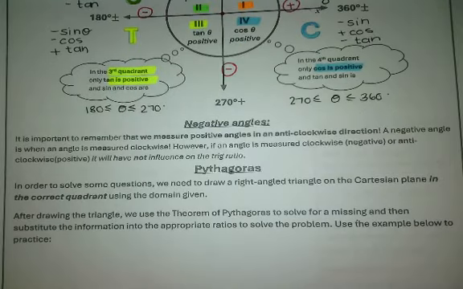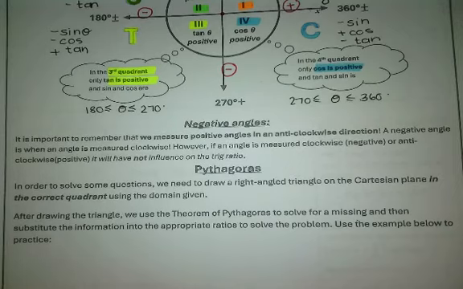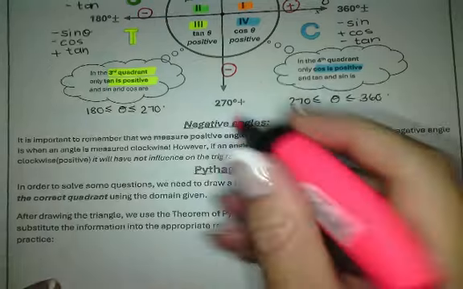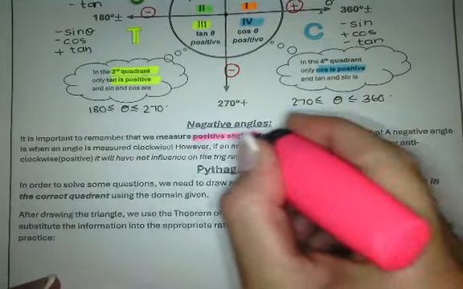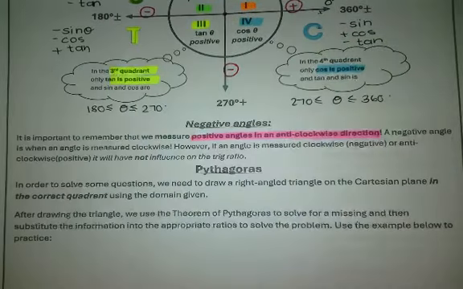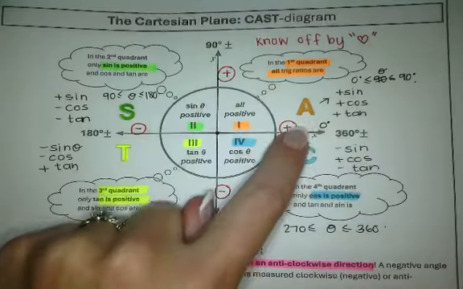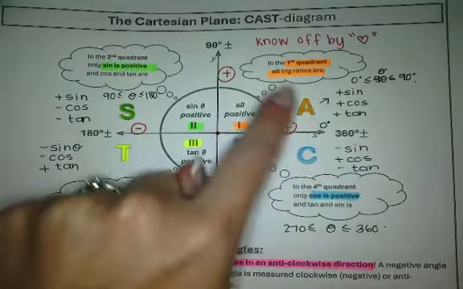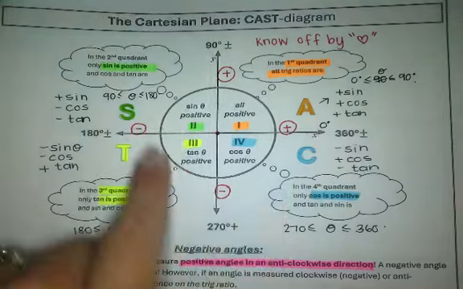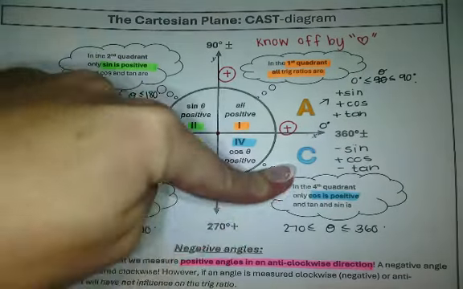Right, negative angles. It's important to remember that we measure positive angles in an anti-clockwise direction. Okay, meaning that way. Are you with me?